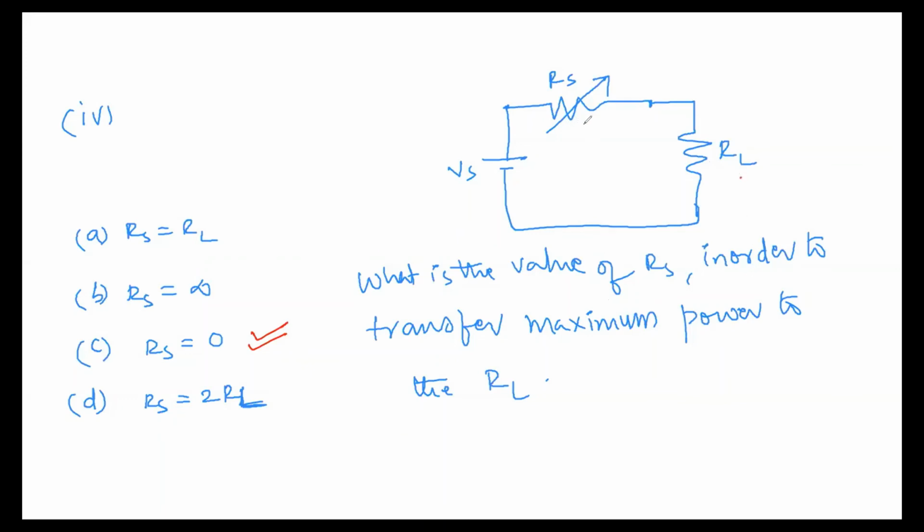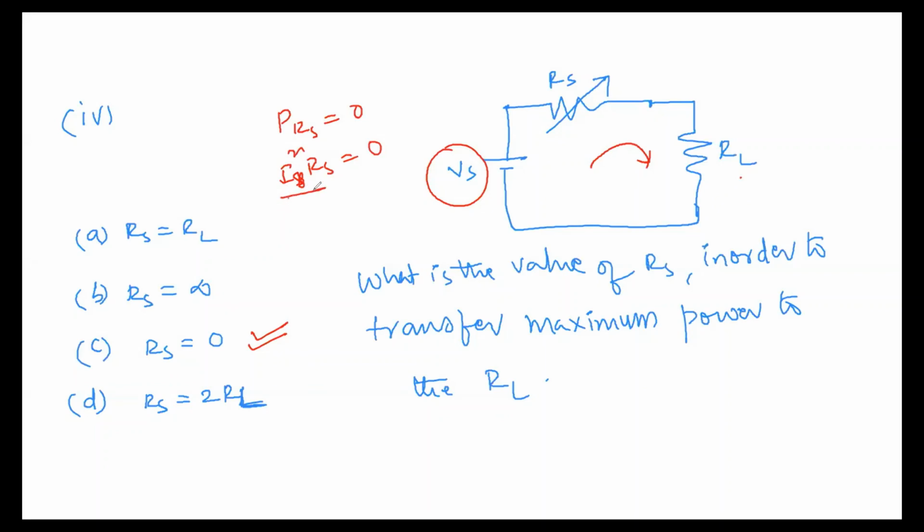Whatever power is delivered by the voltage source, the whole power you have to transfer to RL. So there should not be any power in RS. If power in RS is 0, I square RS has to be 0.